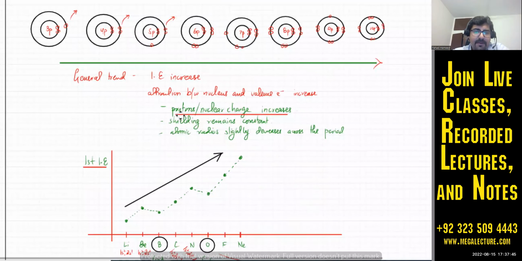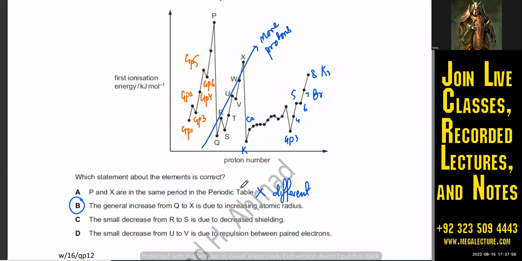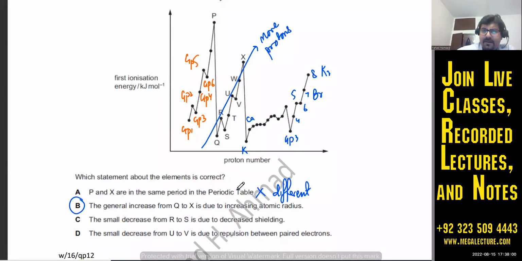So what is happening के protons increase होते जा रहे हैं. मैंने कहा था factor यही है, और atomic radius slightly decreases. जी सर, लेकिन मैंने लिखा है due to increasing atomic. अच्छा हाँ, मैं गलत पढ़ रहा था. वो तो उल्टा decreasing atomic radius है. ठीक है, so let's correct that. Increasing is wrong. ठीक है बिल्कुल सही है.